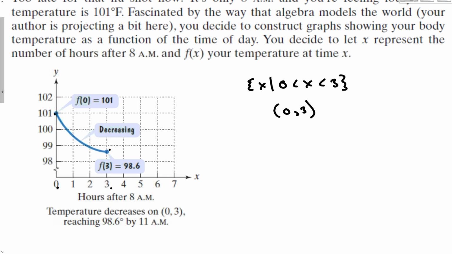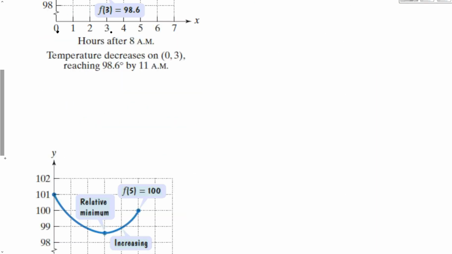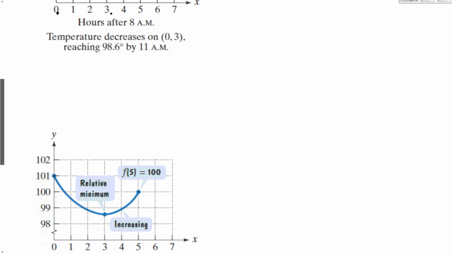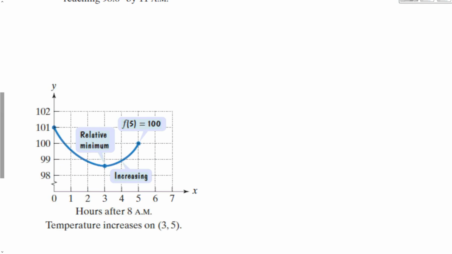Okay. What happened next? You woke up probably about 11 and you started doing some activity. Maybe you went outside, you ran around for a little bit, you did some work around the house. Whatever you did, your temperature then went back up. This point right here is important.